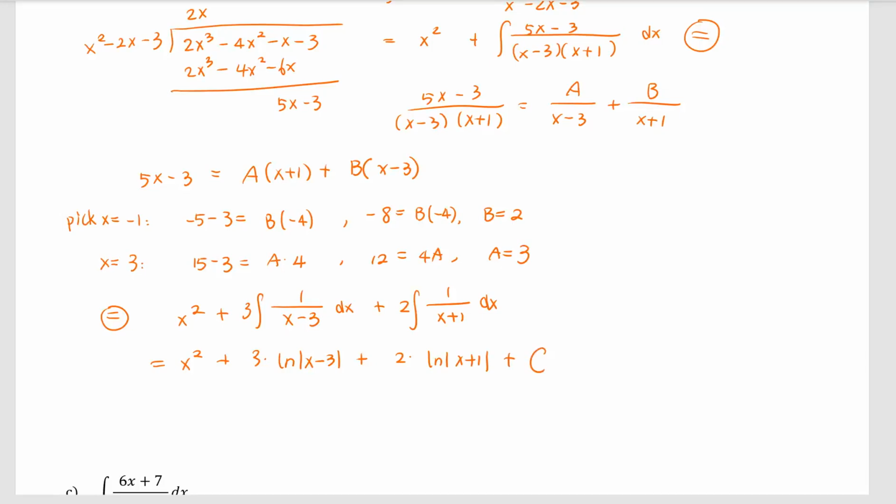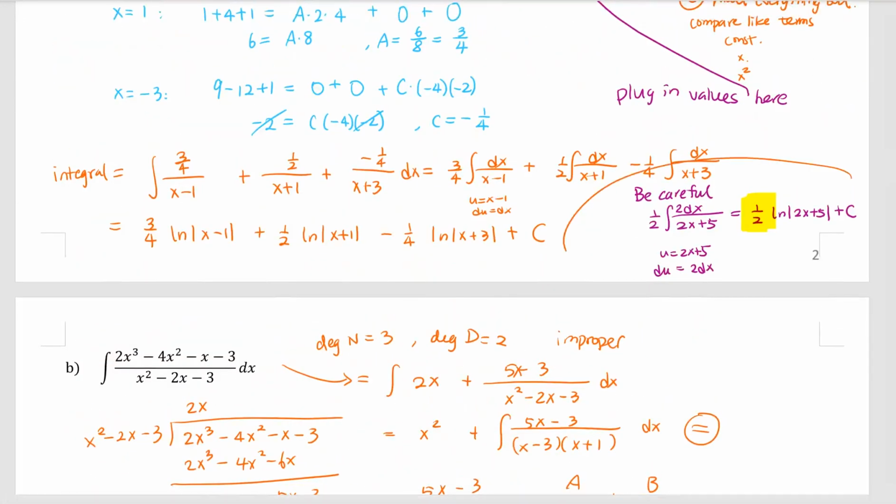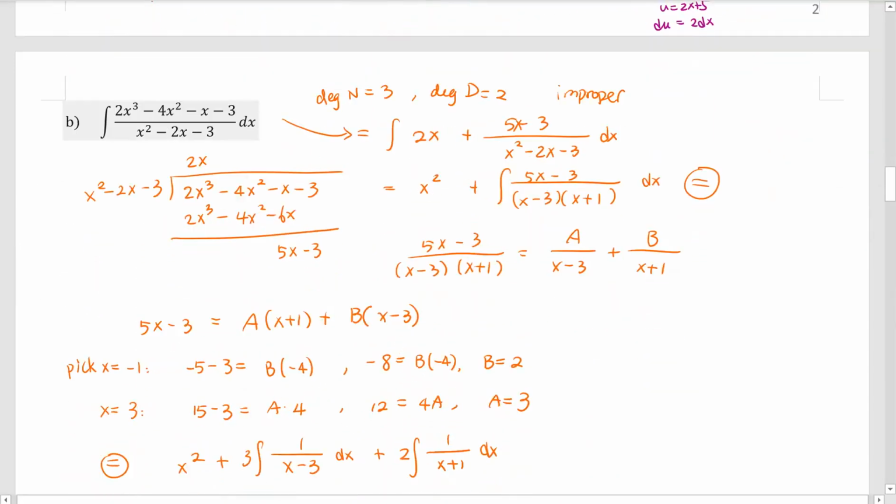Because du is just dx, it's simply ln of the absolute value of the linear factor. But if the coefficient of x in the linear factor is not 1, then you might need to be careful. So look at this case. Alright. So far so good, everybody.